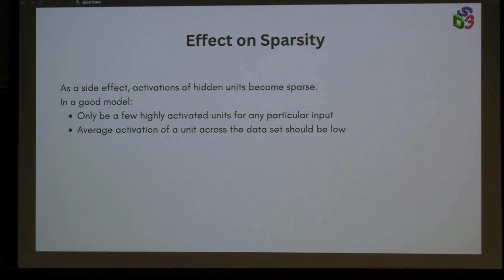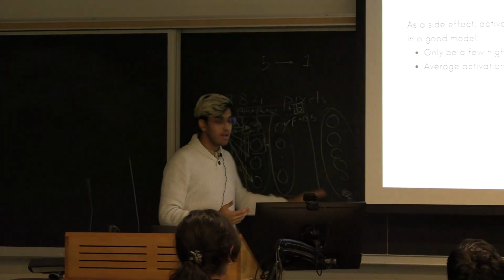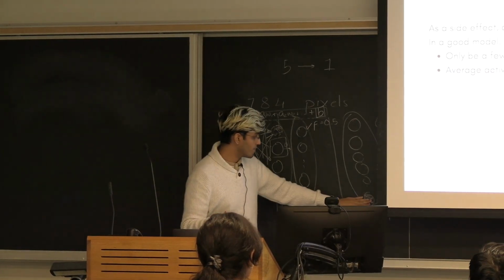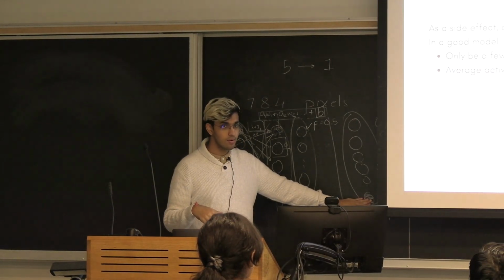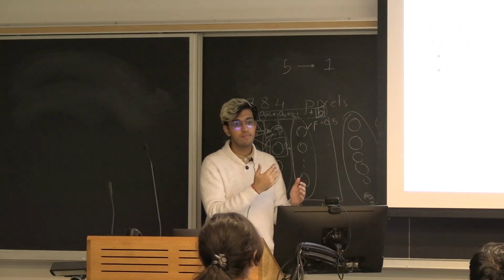Effect on sparsity. Before we talk about that, let's see what a good neural network model should do. In a good neural network model, for particular inputs, only a small subset of the units should have a high output, right? Like I mentioned, especially for the output layer, if the input was the handwritten digit 9, then I want the output for that output neuron or output unit to be high, and I want it to be low for everything else, right?